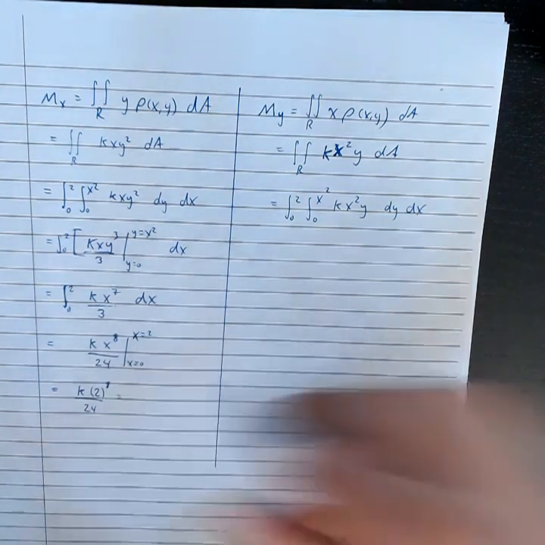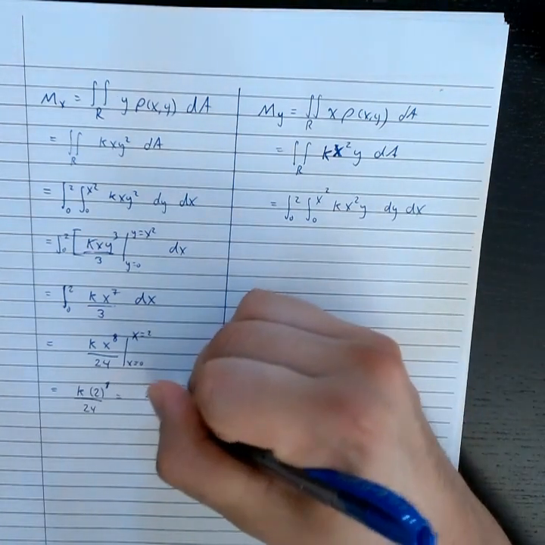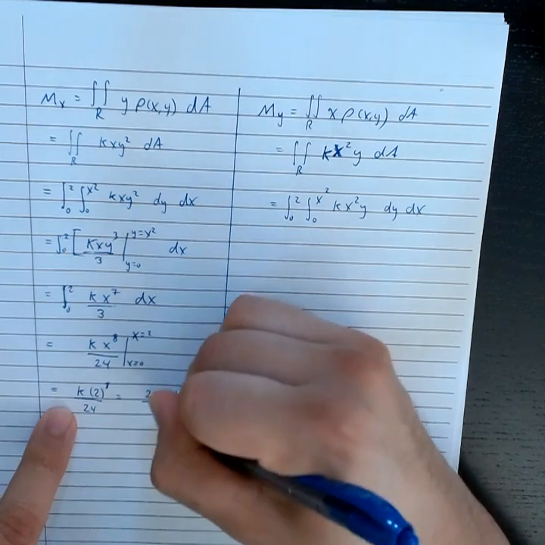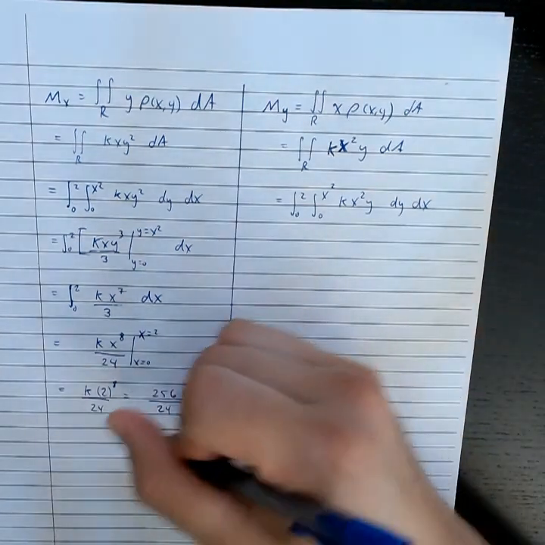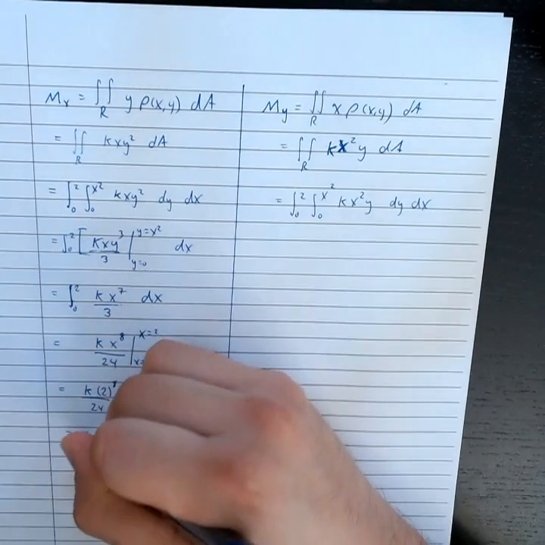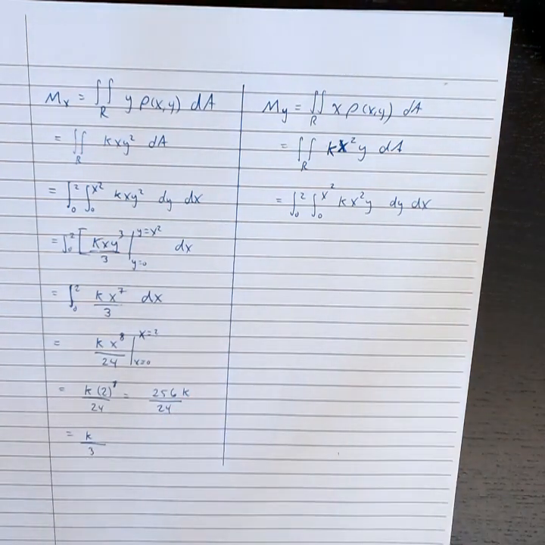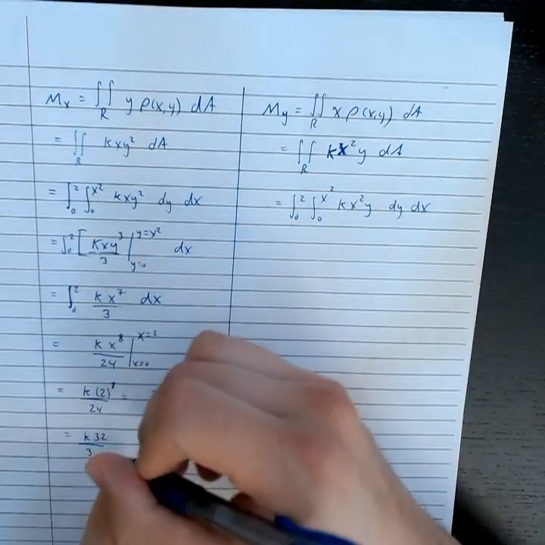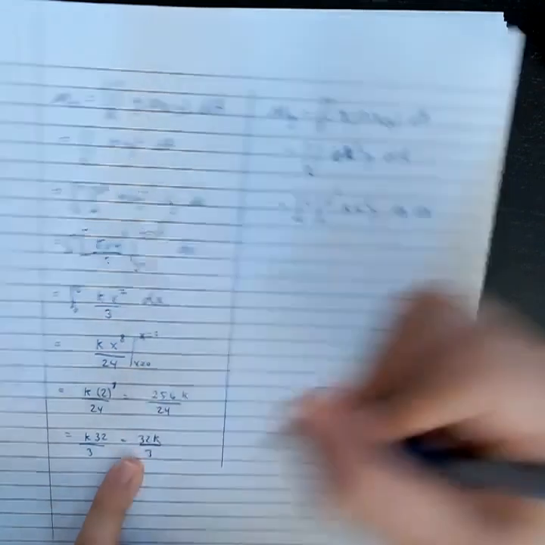Well, 2 to the 8th power gets us 256. We still have our k here, over 24. And we can divide each of these, top and bottom, by 8. Dividing the bottom by 8 gives us 3, and dividing the top gives us 32. So there we go, this will give us 32k over 3.